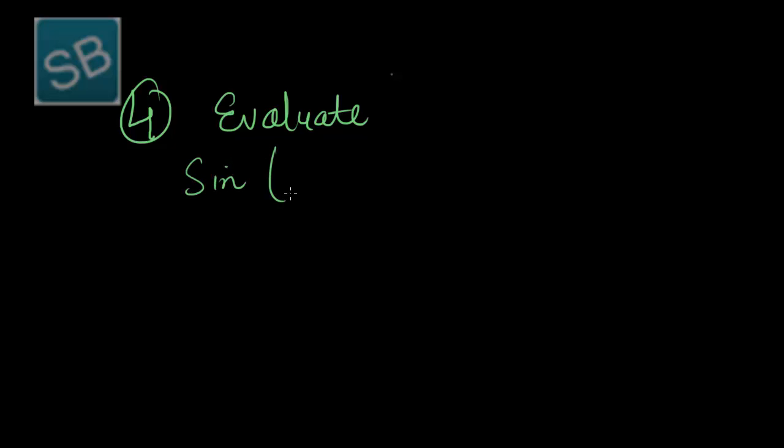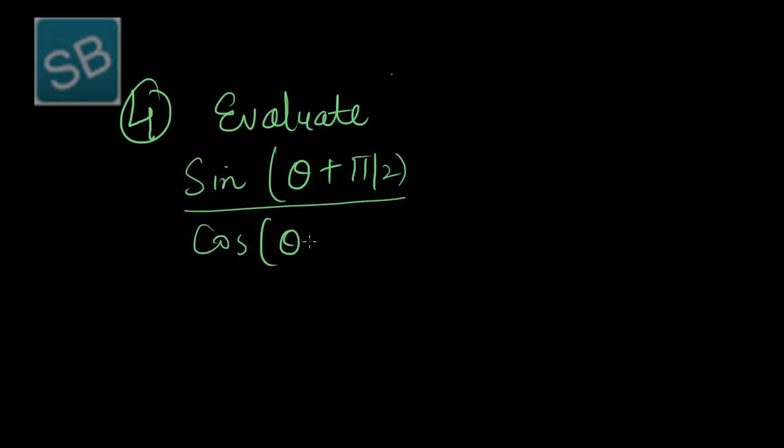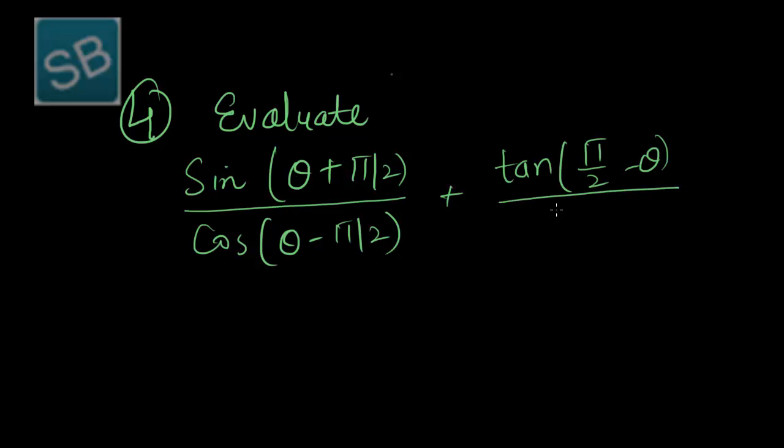Now the next problem, problem number 4. Evaluate sine of theta plus pi by 2 over cos of theta minus pi by 2 plus tan of pi by 2 minus theta over cot of 2 pi plus theta.